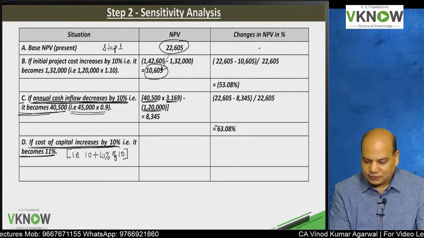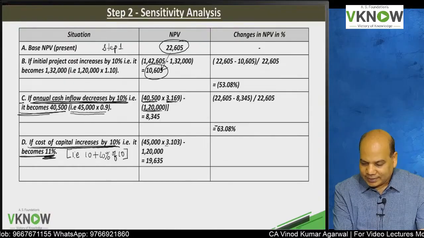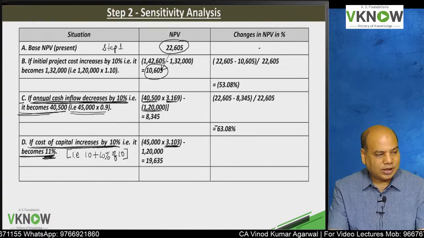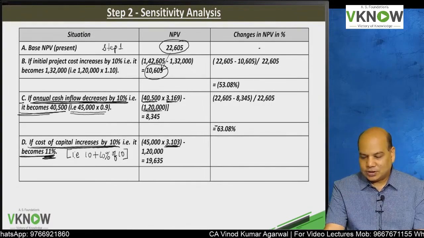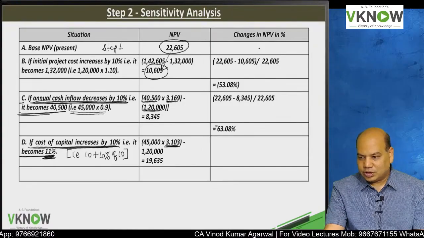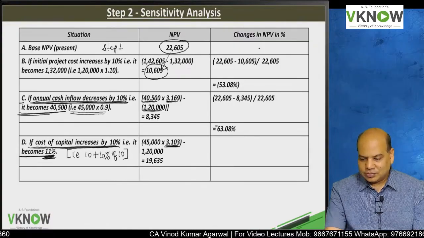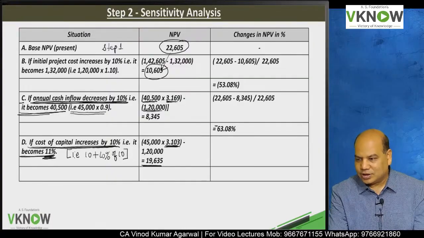So my discounting factor will be now 11%, and the present value factor given in the question at 11% is 3.103. 45,000 into 3.103 minus 1,20,000. Check the answer. 19,635.